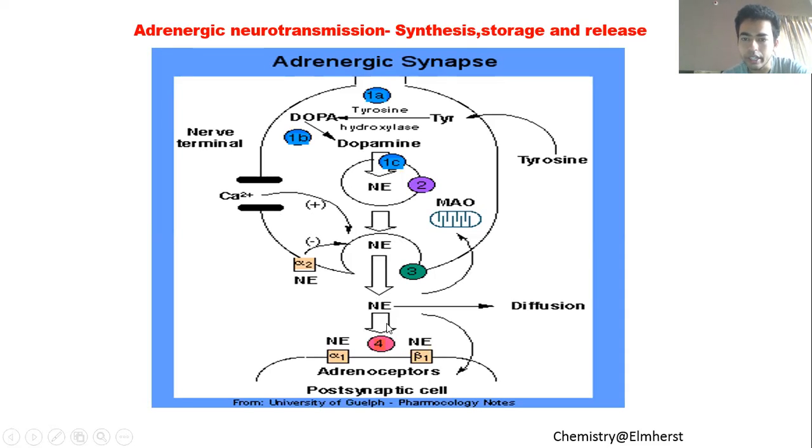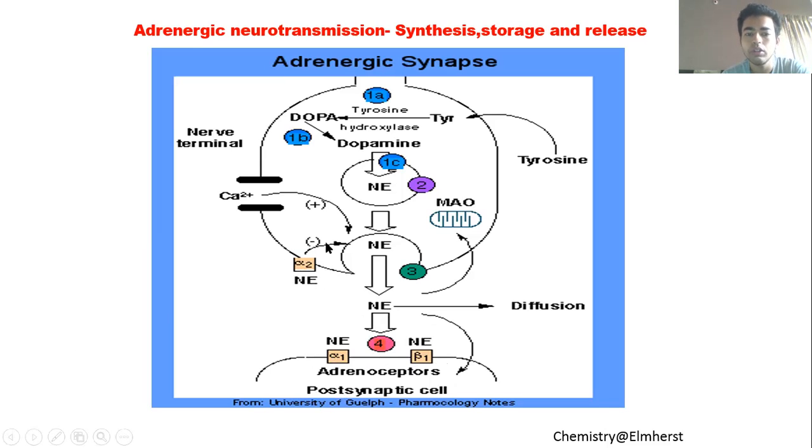Now, there are three criteria. The first criteria is that it will go and bind to the postsynaptic receptors, which are present on the postsynaptic neuron here. So here you can see this one is the first criteria. The second criteria will be it will go and bind to the presynaptic autoreceptors here.